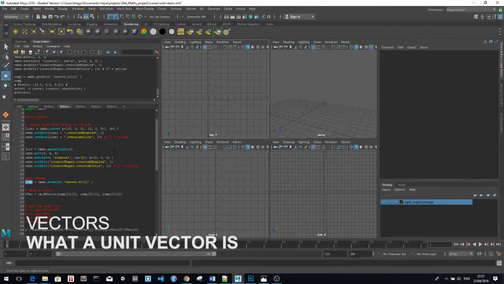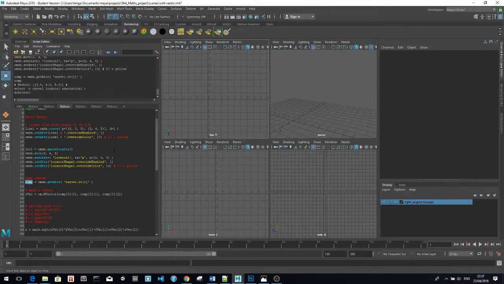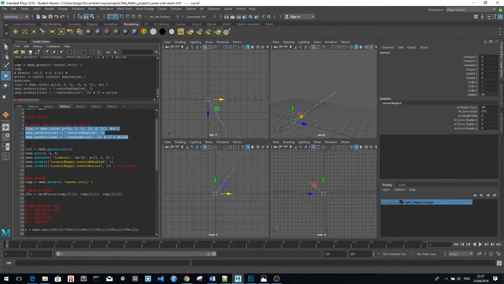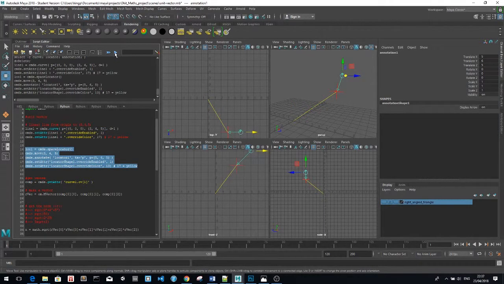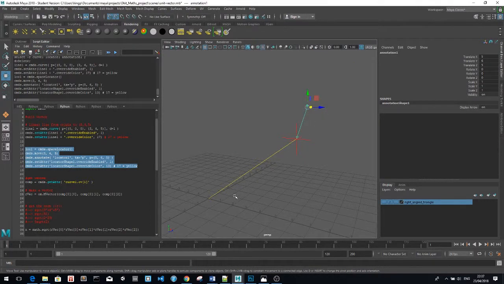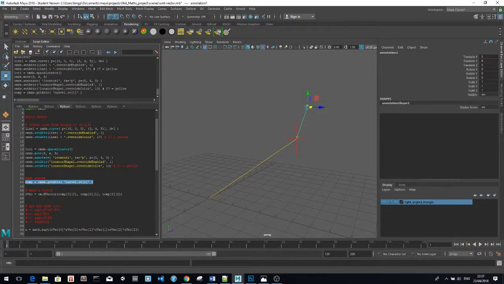Every non-zero vector has a corresponding unit vector that has the same direction, but with the magnitude of 1. So in order to get the unit vector, the first thing we need to do is find its components. In this case, we have a position vector from the origin to a point, and if we get the point at the end, it works out as 3, 4, and 5 for x, y, and z.